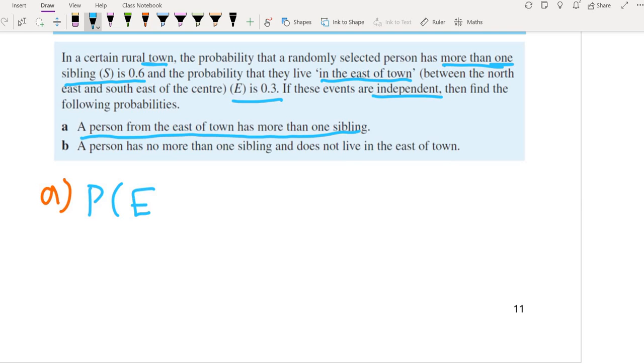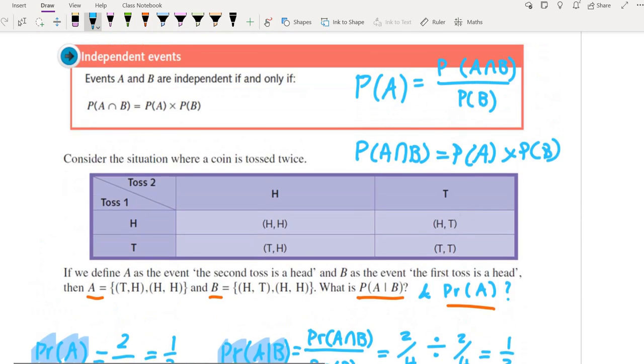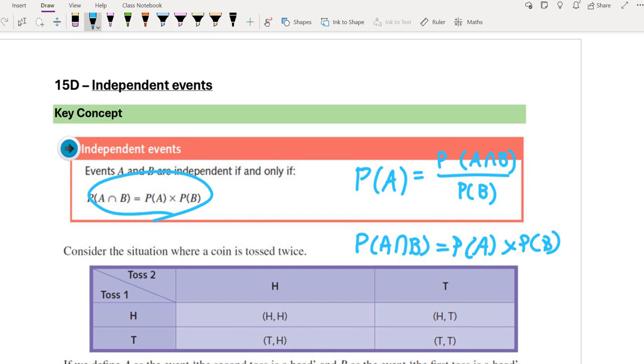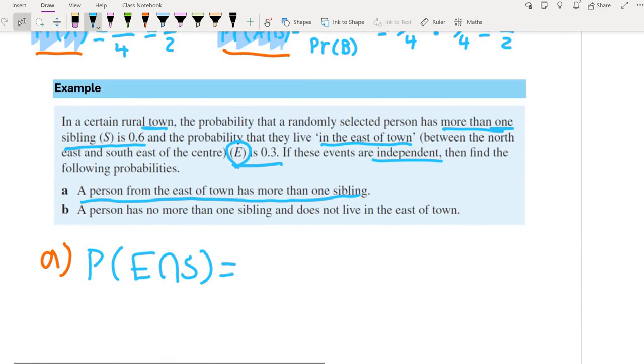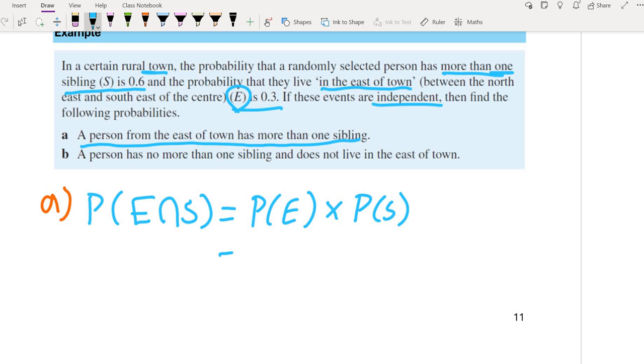So it needs to be east as well as having more than one sibling. Because they are independent, this applies. So we know this is going to be probability of E times probability of S. And we know that's just 0.6 times 0.3, it's given to us. It's 0.18.